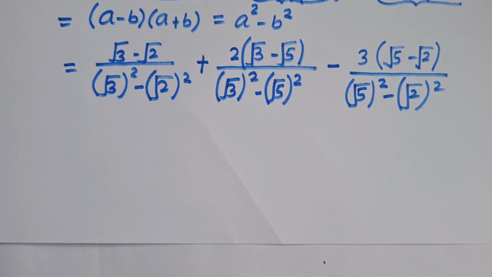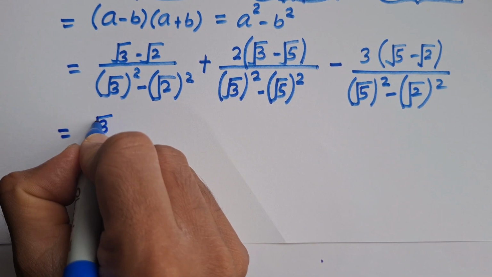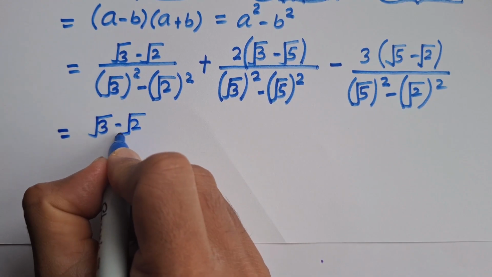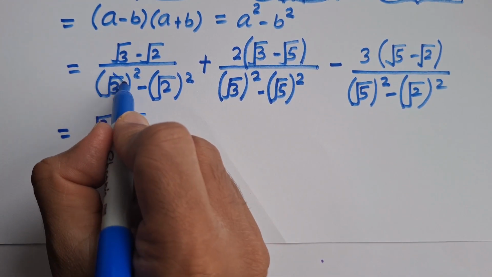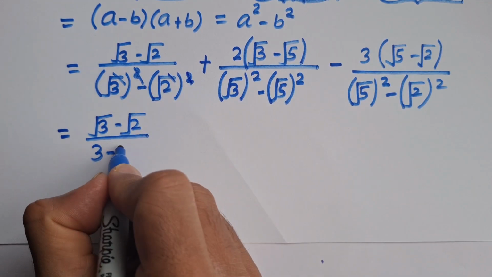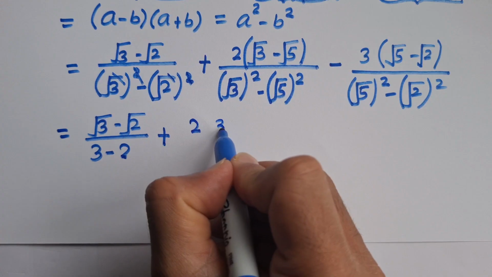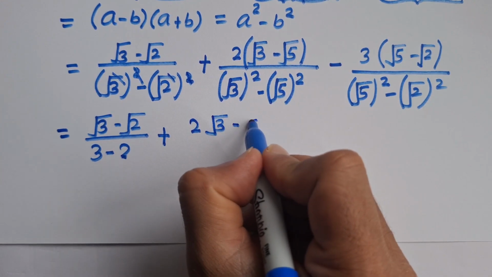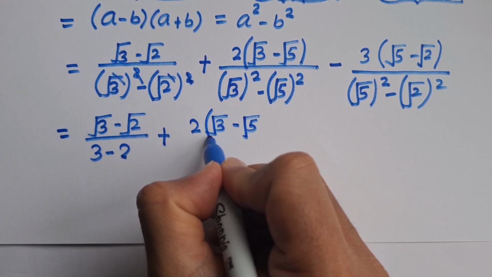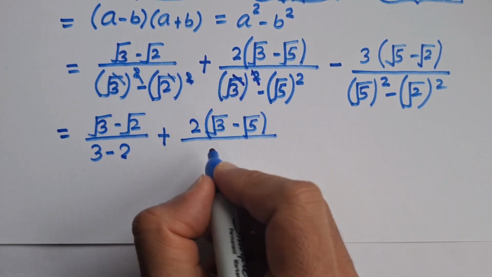Now, in the first fraction, in the numerator we have square root of 3 minus square root of 2 divided by, here square and square root are going to be cancelled. We have 3 minus 2. Here we have 2 times square root of 3 minus square root of 5 divided by, here square and square root are going to be cancelled.